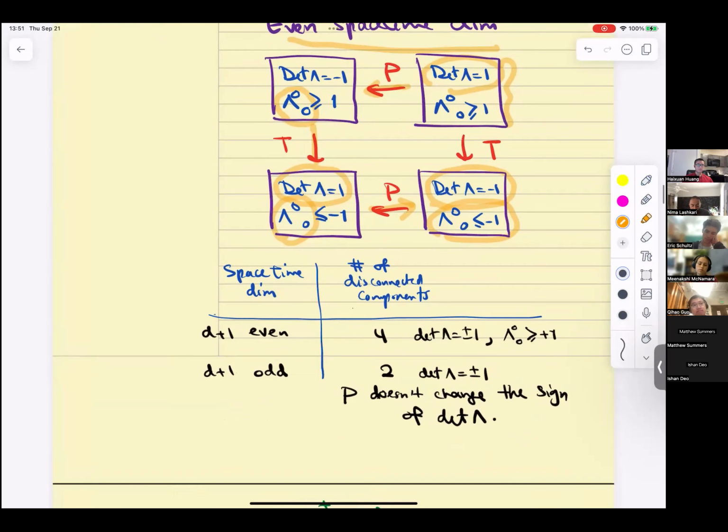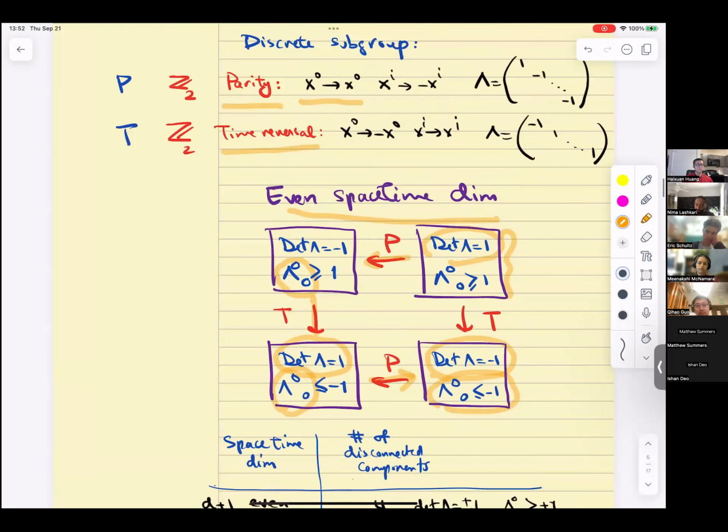All right. So basically in short, in space-time dimensions that are even, you have 4 disconnected components that have to do with the determinant of the Lorentz transformation being positive or -1, and whether the 0,0 component of the transformation is larger or equal to 1. And in odd dimensions, you only have 2 components. The reason is that parity does not change the sign of this guy.